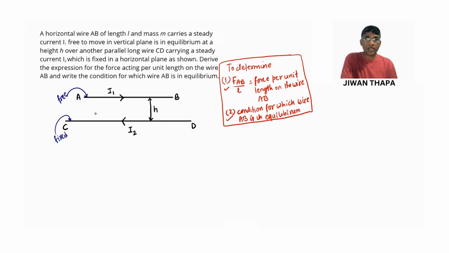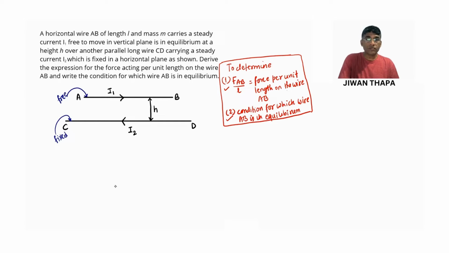I1 is the steady current flowing from end A to B in wire AB, and I2 is the steady current flowing from end D to C in wire CD, and wires AB and CD are separated by distance h.